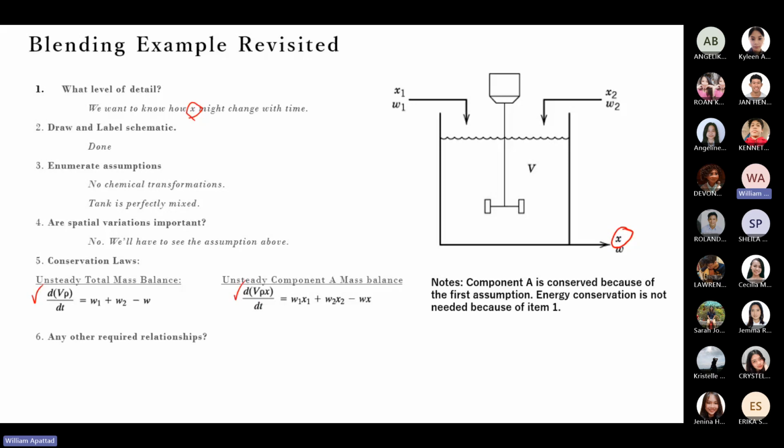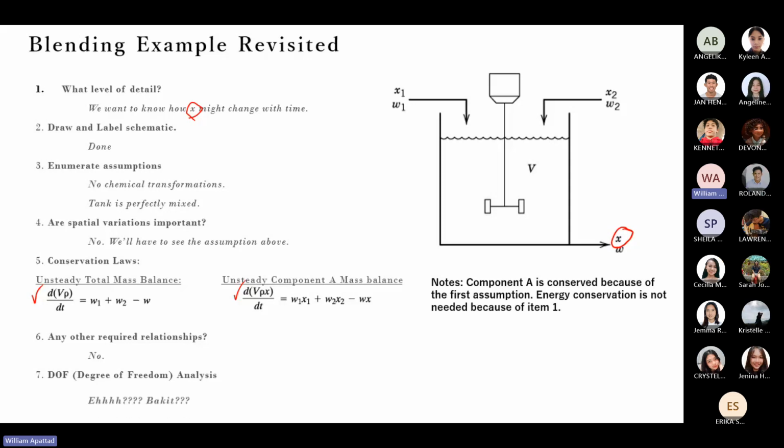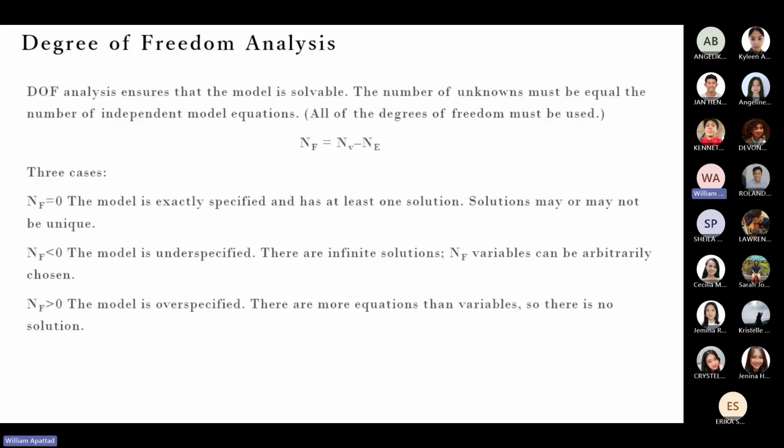Okay? Any other required relationships? Dito, wala naman. Okay? Step 7, kailangan nating mag-perform ng degree of freedom analysis to know if this is solvable. So, paano yan? So, let's have the degree of freedom analysis. So, ano muna to?